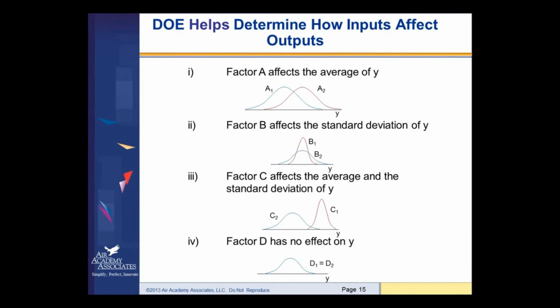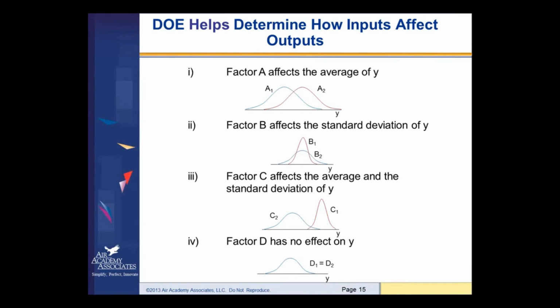If A is changed, and that is the impact that A has on Y, we say that A affects the average. Now, the average is the balance point of a distribution. We're showing two different normal distributions here, and these distributions don't have to be normal, but the normal is a nice one because it's the most common one out there. The shape of the distribution, shown in factor B's effect, is the standard deviation. The standard deviation is the shape parameter of a normal distribution, where the location parameter, the center, is the mean.